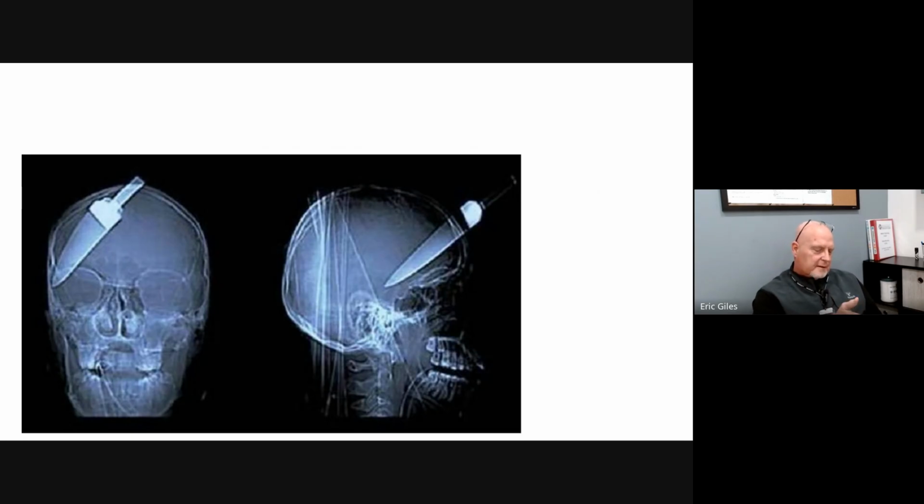But you look at the AP picture and you can see that it kind of slid off to the side, or maybe it is into the temporal lobe there a little bit. But that is the reason we take two different pictures, so we can get two adjacent views and see where something is exactly. That's why it's important that we take all the views that are mandatory for us to take. So, hey, poor guy.